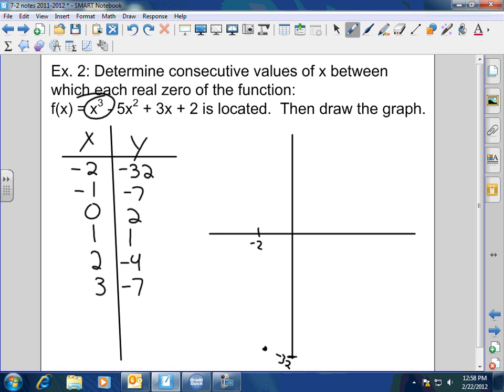Then -1, -7. See how it's nice and easy to follow it in order? 0, 2. 1, 1. 2, -4. And 3, -7.